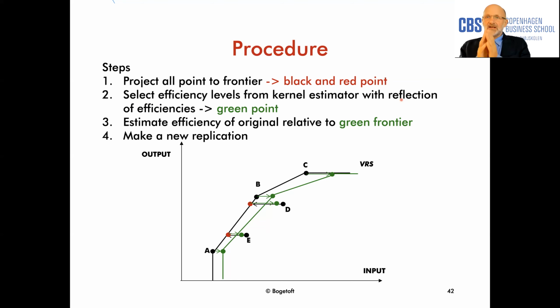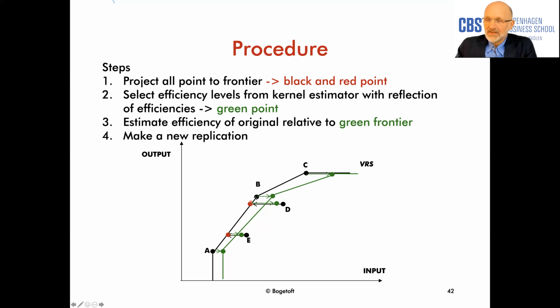So you project all the points to the frontier first. Now we have this frontier here spanned by A and this red and this red and this red B and this one here. Okay, and now for each of these you introduce some inefficiency, and you do that by picking the efficiency of firm A as a random draw from this kernel estimator, the efficiency of point B as a random draw from this kernel estimator, and similar also for the red ones here.